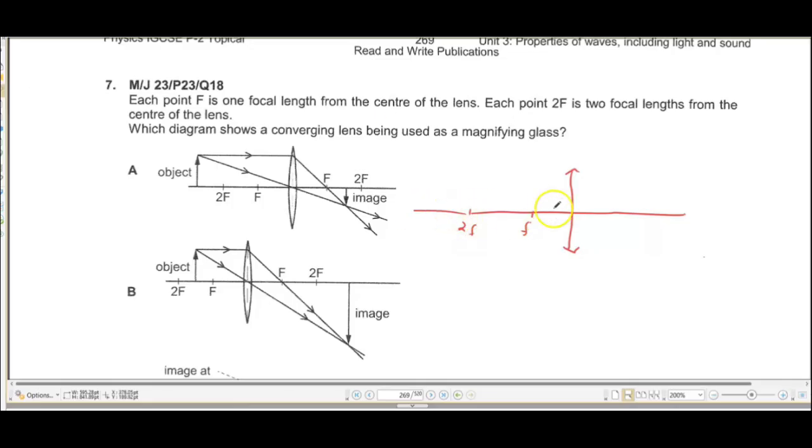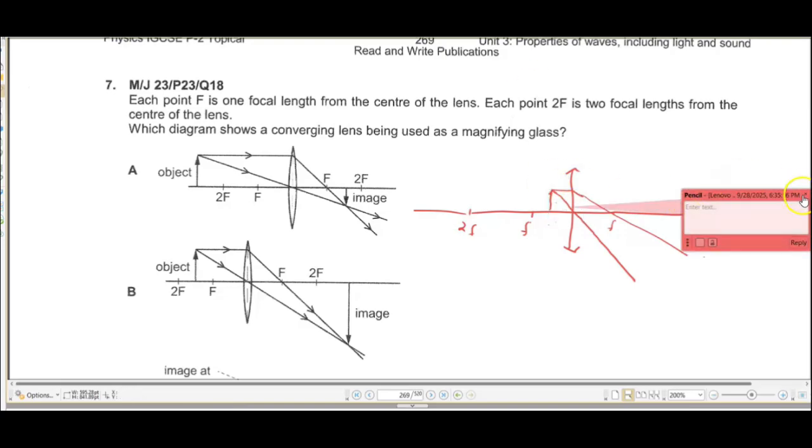Then one ray goes here, and if this is your F, it passes through that, and the other ray passes like this, and then these rays are traced backwards to a point.